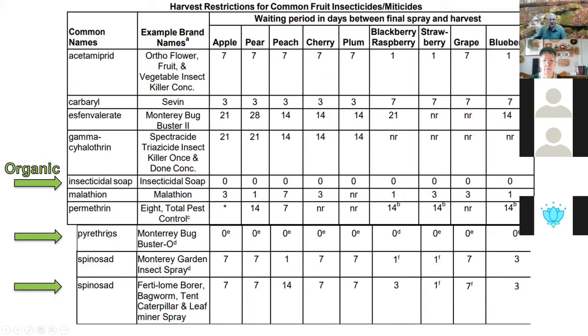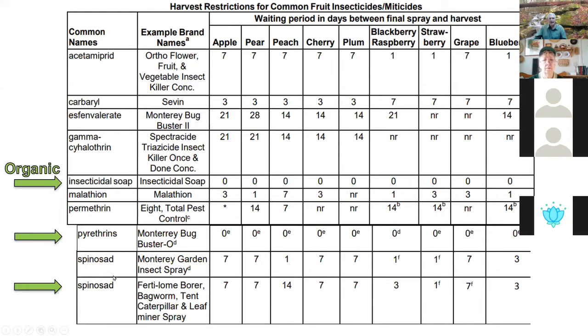Pyrethrins, which is made from chrysanthemums, can be classified as an organic, or the permethrin, which is also made from chrysanthemums, but is a synthetic version of that pesticide.